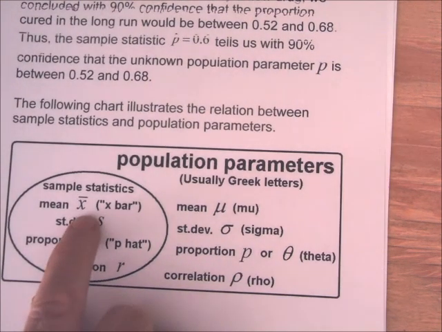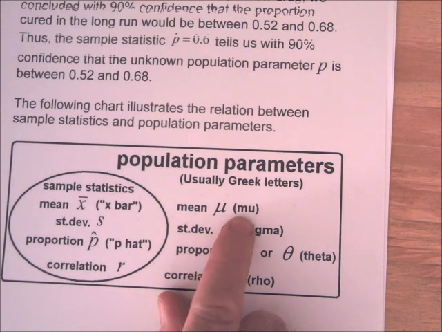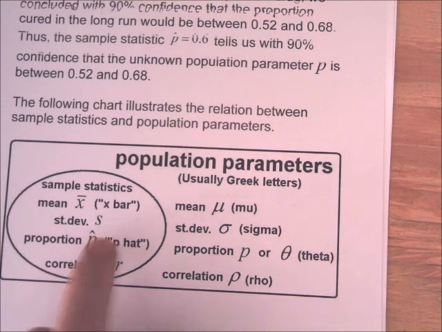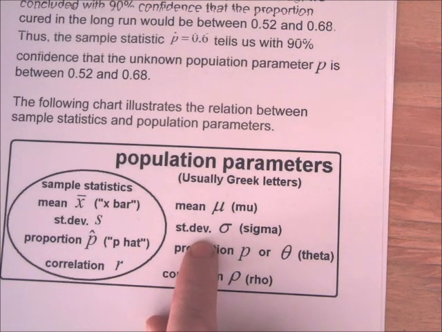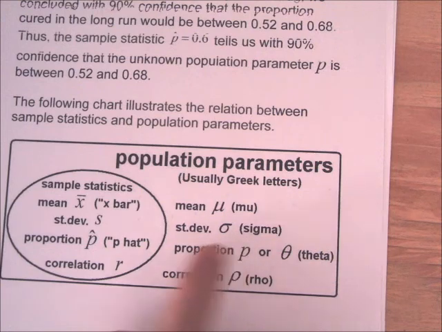So we're using a sample mean x bar as an estimate for the population mean, represented by the Greek letter mu, lowercase mu. The sample standard deviation s as an estimate for the unknown population standard deviation, sigma, the Greek letter lowercase sigma.